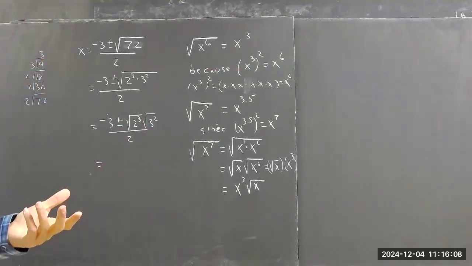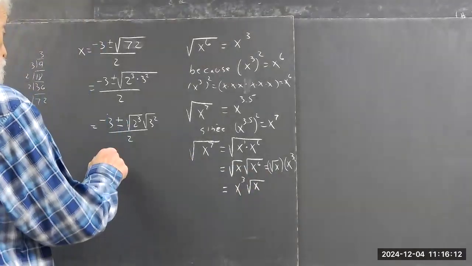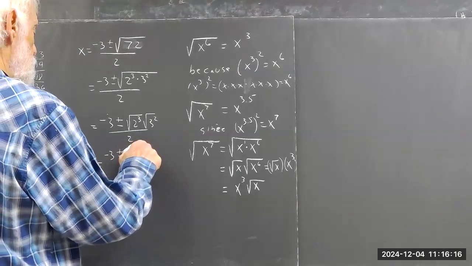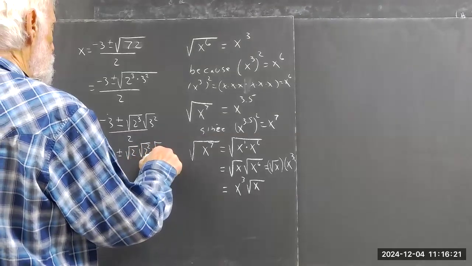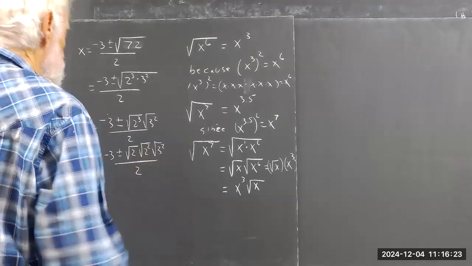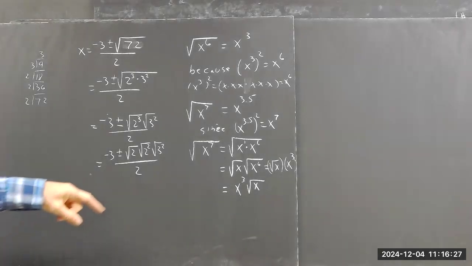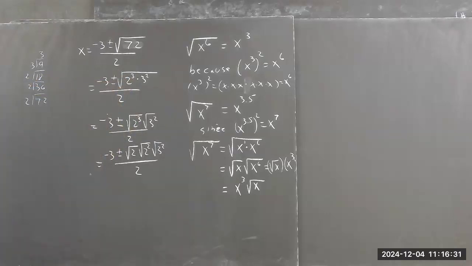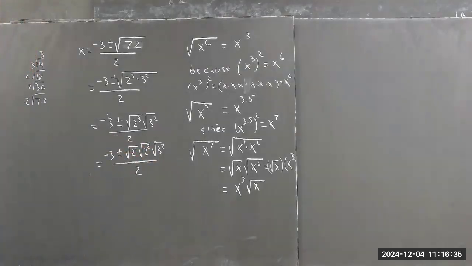Using the same trick we did here, we can write it like this, can't we? 2 cubed is 2 times 2 squared.